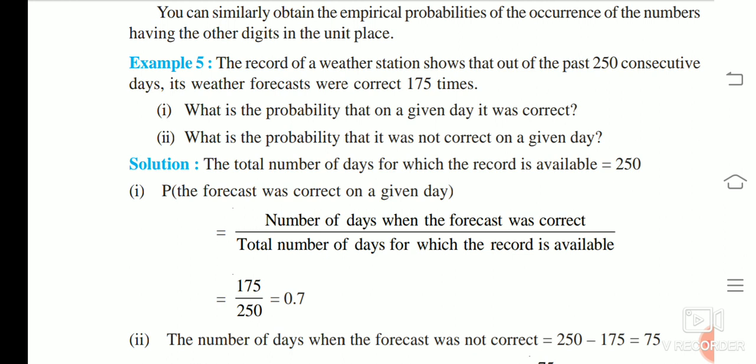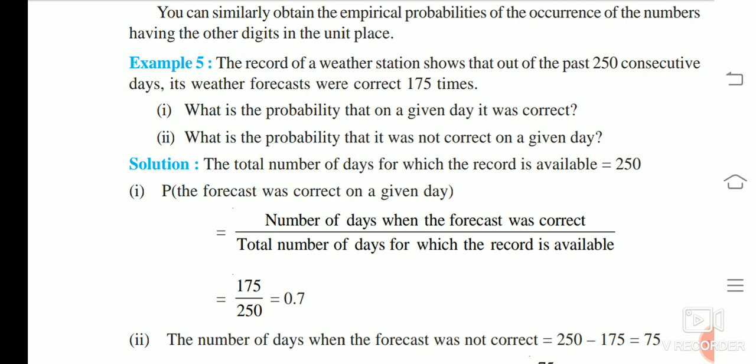Suppose it mismatched. We count how many days the announcement and the real thing matched, which is the forecast being correct on a given day. When both are the same, it's correct. That is the number of days when the forecast was correct divided by the total number of days for which the record is available.